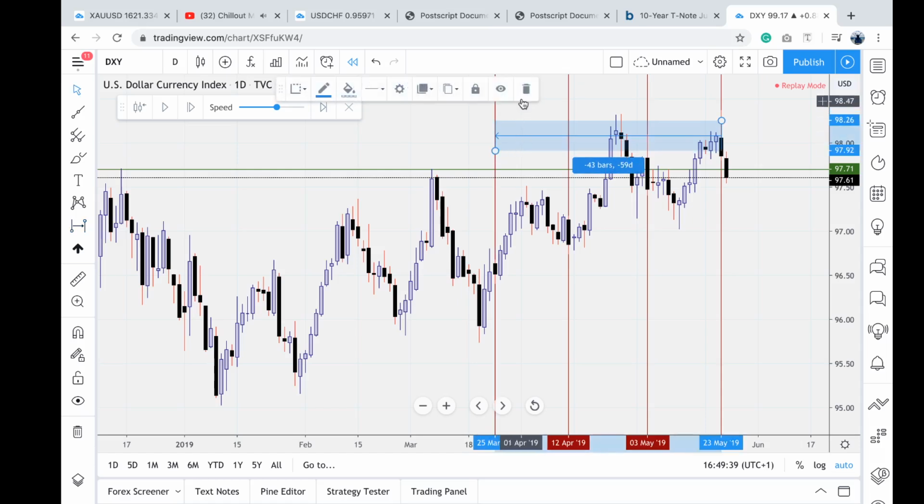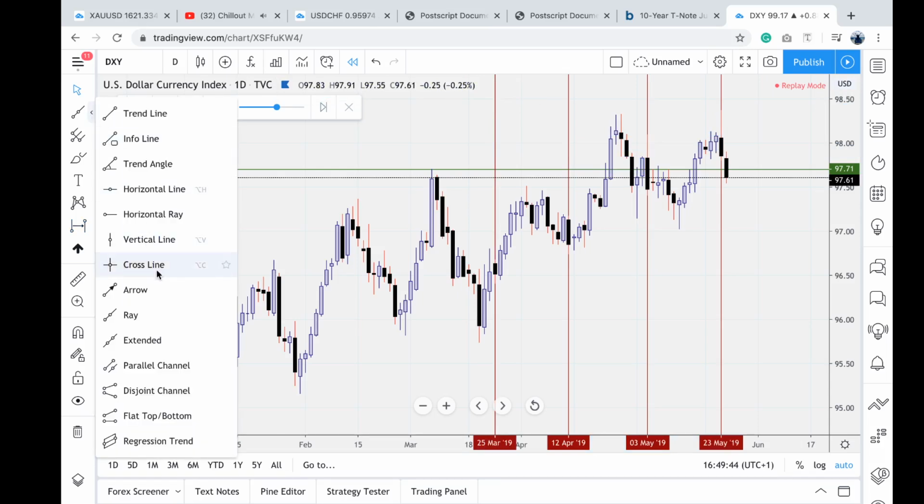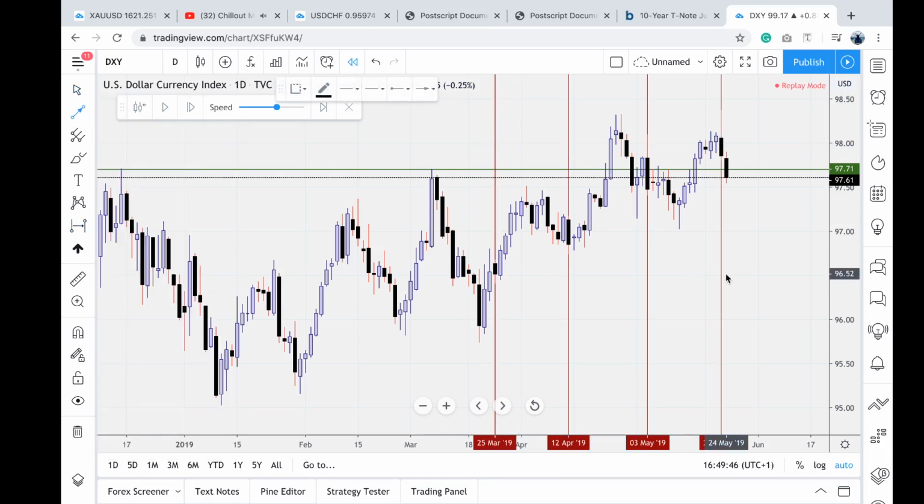So now we've identified IPDA ranges. All we then want to do is draw out an arrow to indicate the 20-day low. So this is our 20-day low.